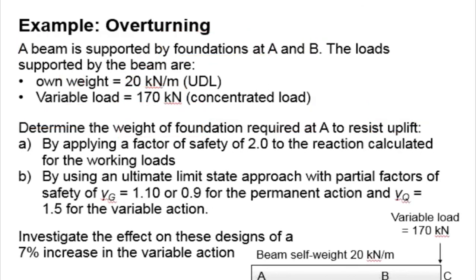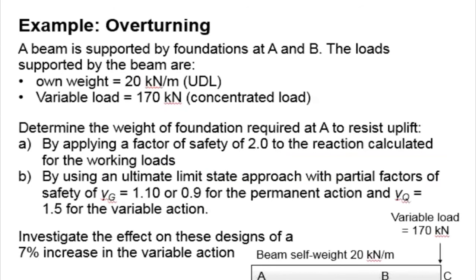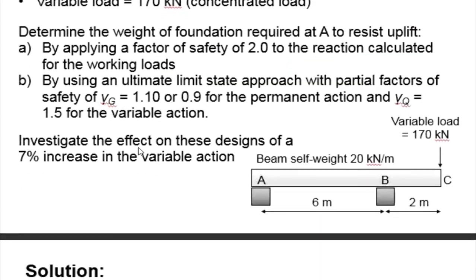The condition given is first applying a safety factor of about 2 for the working load, and secondly using the limit state method, given the partial safety factors in terms of GK and QK. Then you can investigate the effect once you increase the variable or imposed load by 77%.